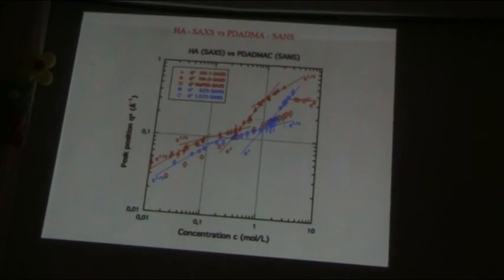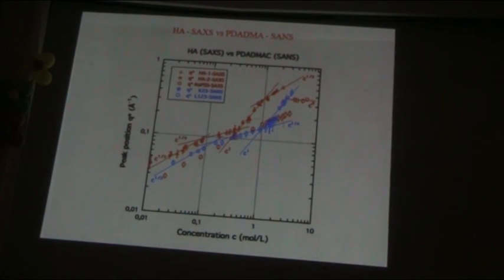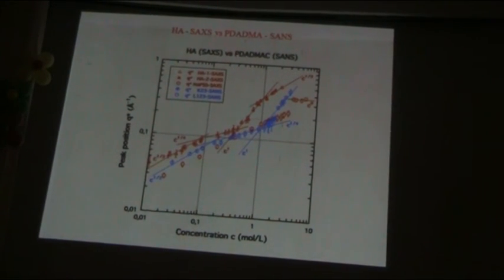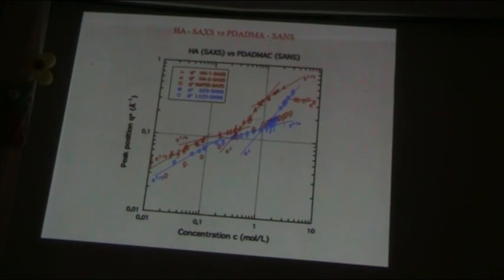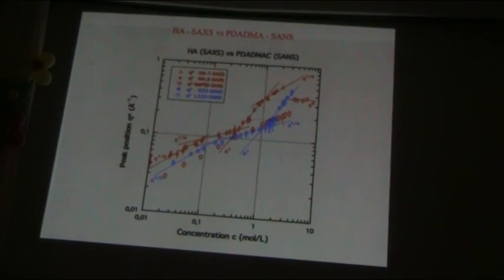I'm not sure. Of course, if you have neutral polymers, you can observe some Onsager transition. I only show here that if you have polyelectrolytes, semi-flexible, if the polyelectrolyte is too flexible, in this case you have no Onsager transition.